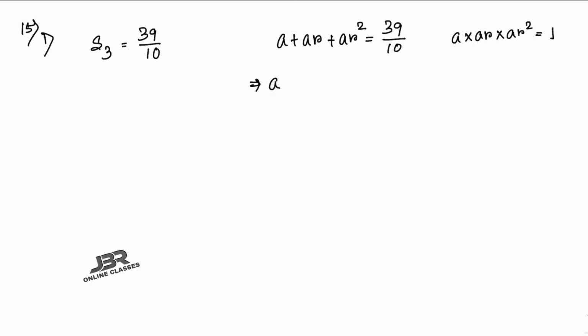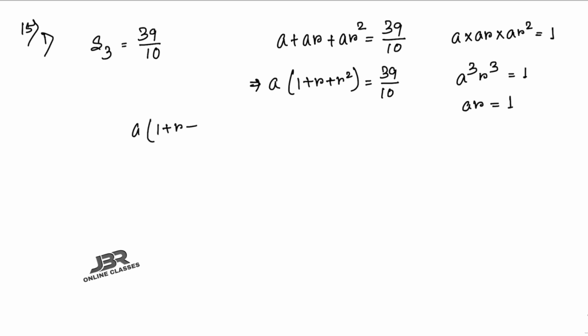So in that case, if a common, you can write down 1 plus r plus r squared, that equals 39 by 10, and here it's a cubed r to the power 3, that is equal to 1. So a r, that is 1. Now if you divide this one, a into 1 plus r plus r squared divided by a r equals 39 by 10.